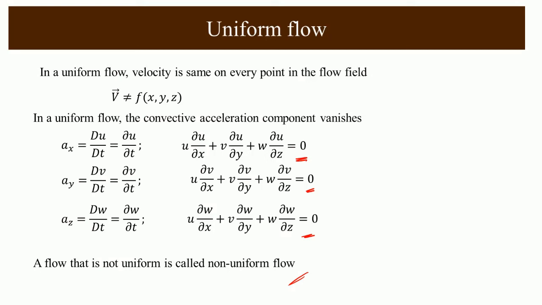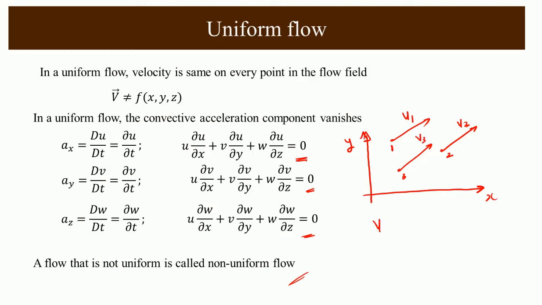Now let us understand this further. Say this is x and y. Sorry, not non-uniform flow, uniform flow. If we say uniform flow, and I have v1 at point 1, then at any other point in the space the velocity should be the same as v1. At point 2, v2, and at point 3, v3, it should be the same as v1.